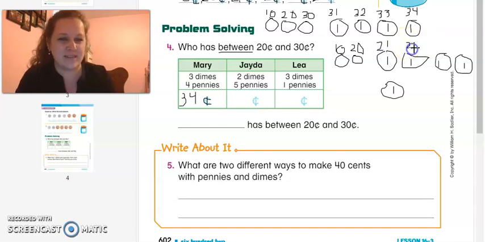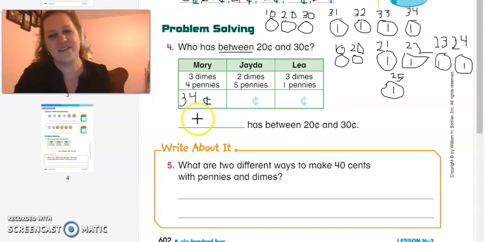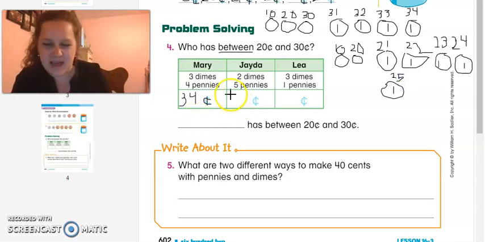One more is 22. One more is 23. One more is 24. And then one more penny, 25. So Jada has 25 cents in all, in total.